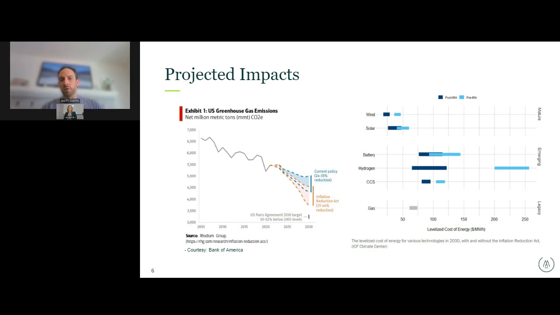So solar and wind, for example, are cheaper on a levelized cost of energy basis than gas, and made even more so by the IRA, which is the dark blue. And you can see that really the big winners here are hydrogen. Hydrogen goes from basically a completely uneconomic proposition before the IRA to something resembling natural gas currently. And then carbon capture as well, through expansion of credits that we'll talk about, is also much more economic.